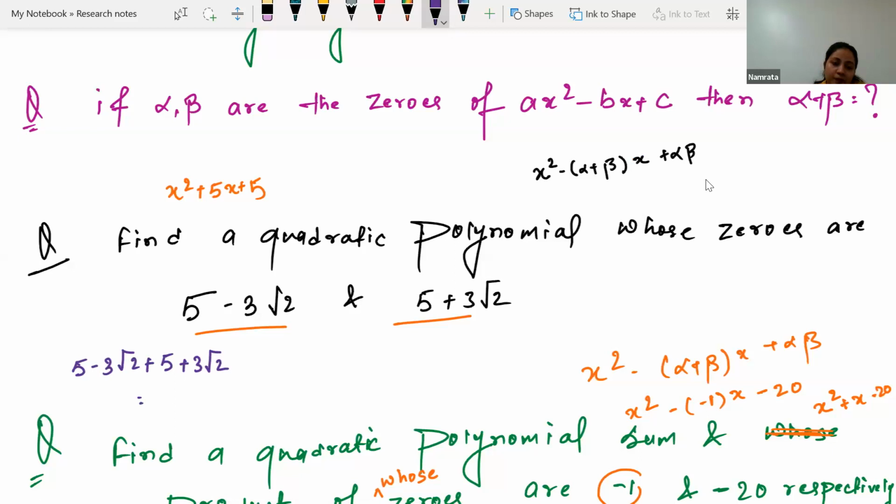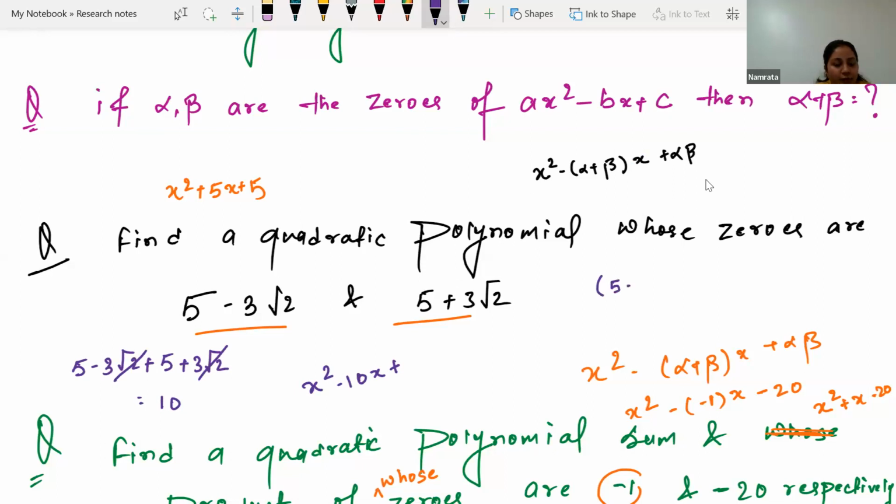So it will be 5 plus 5, which is 10. Sum of the roots is 10. So our quadratic will become x square minus 10x plus something. Let's see what that is.